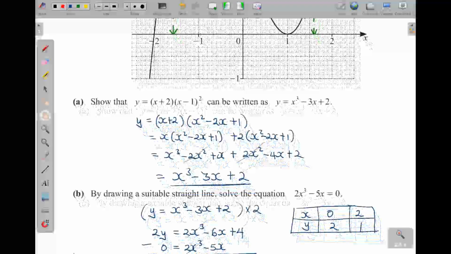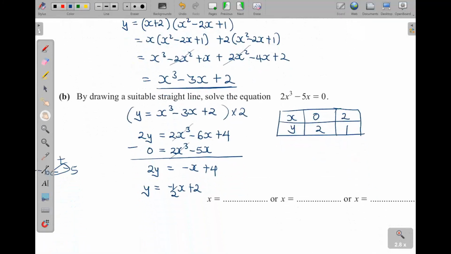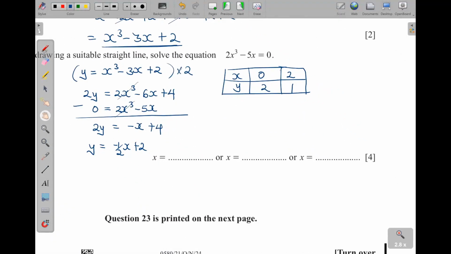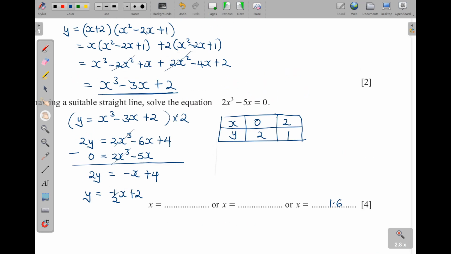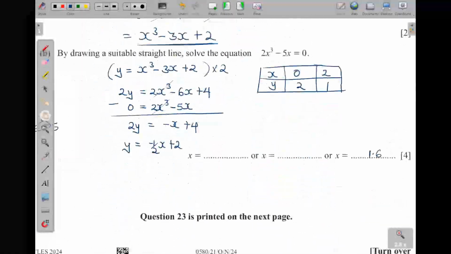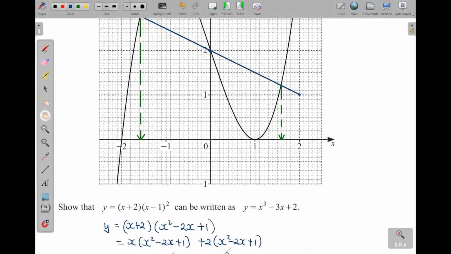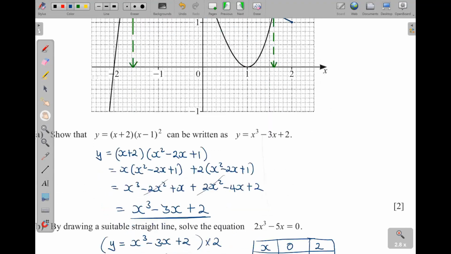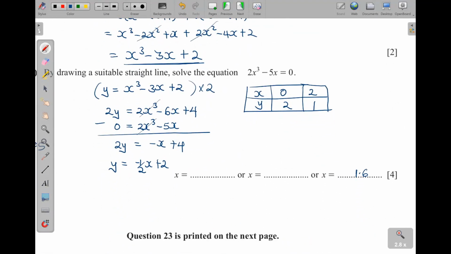1.6 as my answer here. The last one here is 1.6. And then when you check this other one here, it is 2. These are x values, so it is on the y-axis. The x value is 0, so this one is going to be 0.